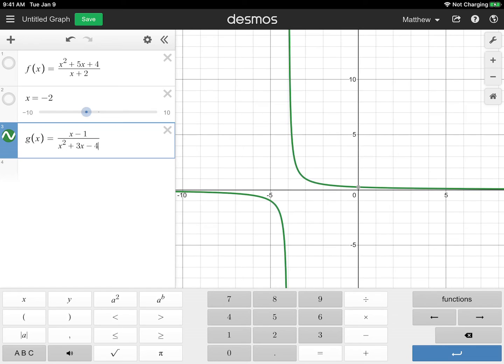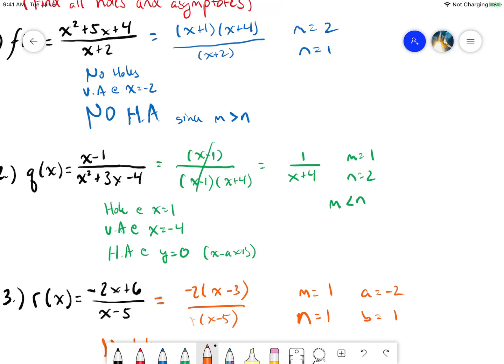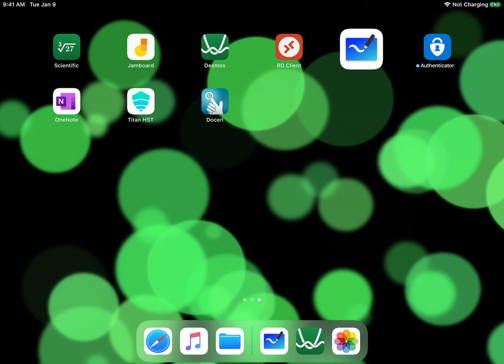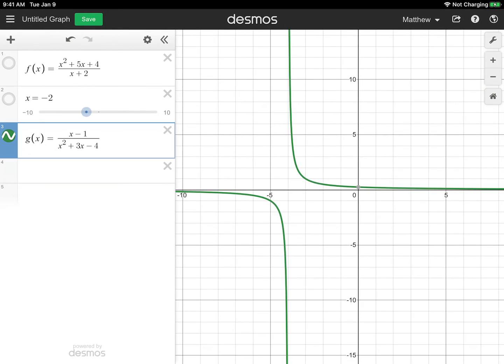You can see in here that since we had a little bit of everything, we had a hole at x equals 1 and a vertical asymptote at x equals -4. Let's double check that. We go to 1, and yep, we're undefined. We do have a hole here. We have a vertical asymptote at x equals -4, which we can see, and then we have a horizontal asymptote at the x-axis, which you can see.